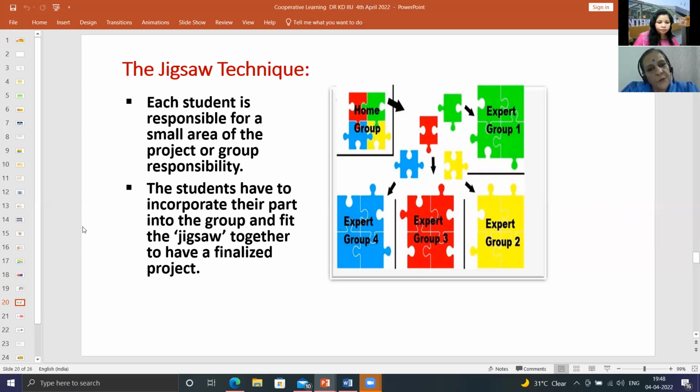So what we do in this jigsaw technique, each student is responsible for a small area of the project or group responsibility, and the students have to incorporate their part into the group and fit the jigsaw together to have a finalized project.